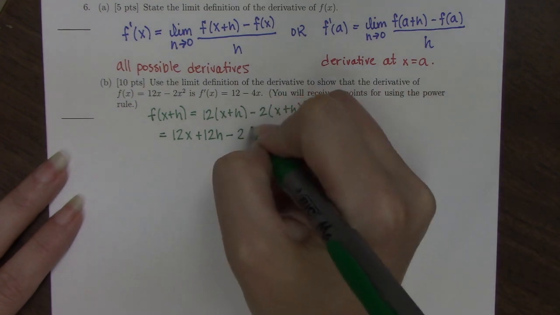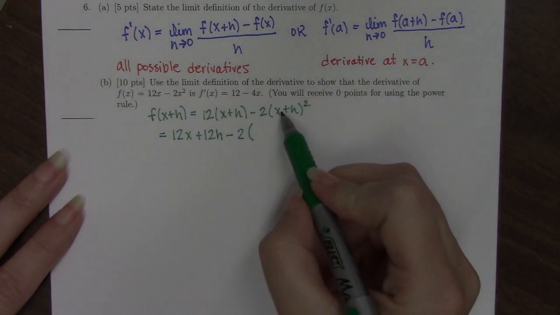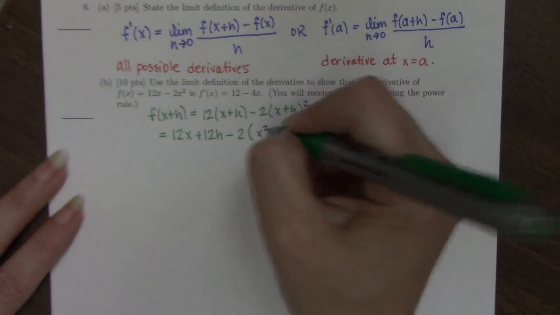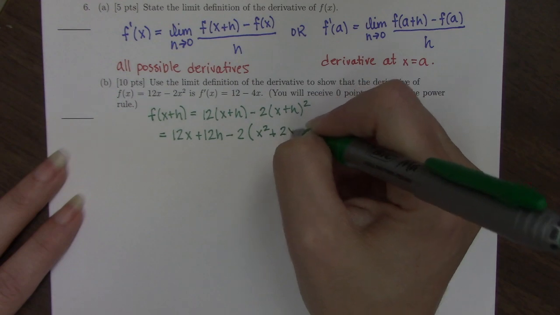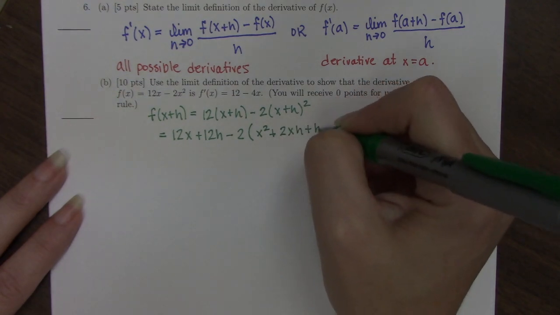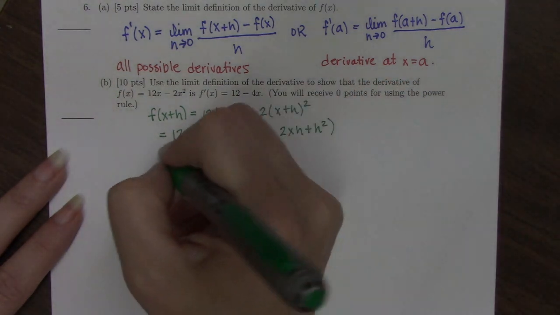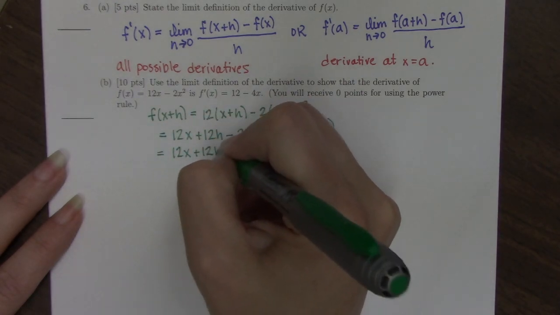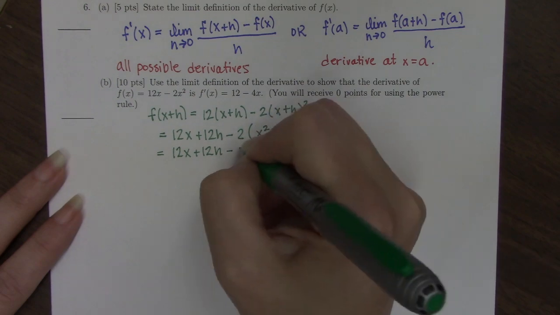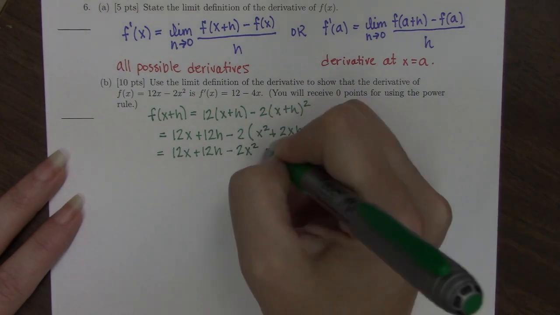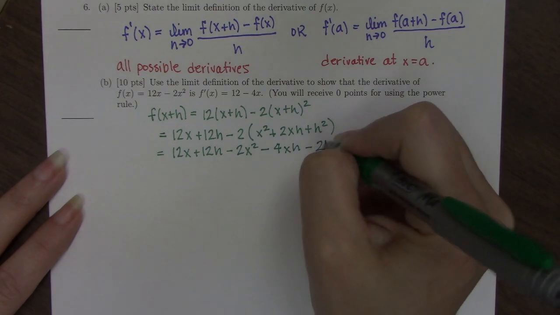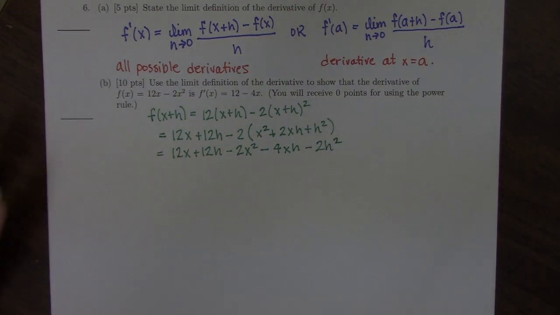I'm going to leave the negative 2 alone for a second, and I need to expand x plus h squared. So that's x squared plus 2xh plus h squared. Now I'm going to distribute this negative 2 across. So negative 2x squared minus 4xh minus 2h squared.